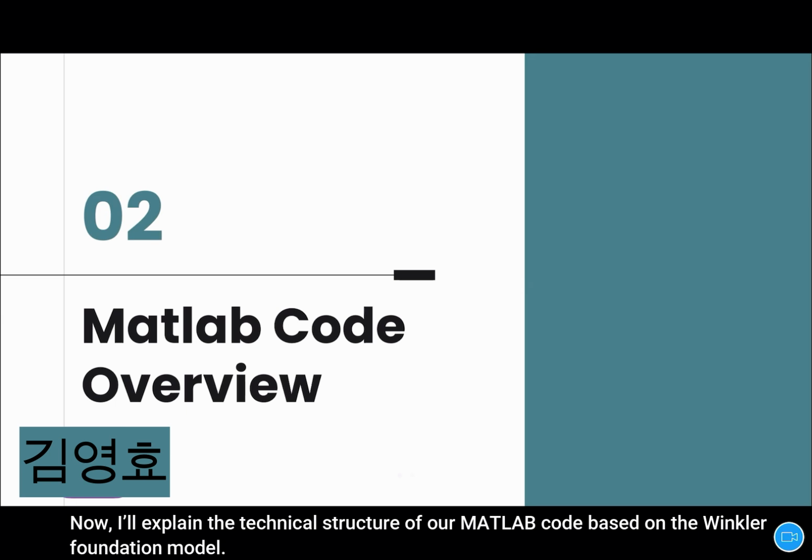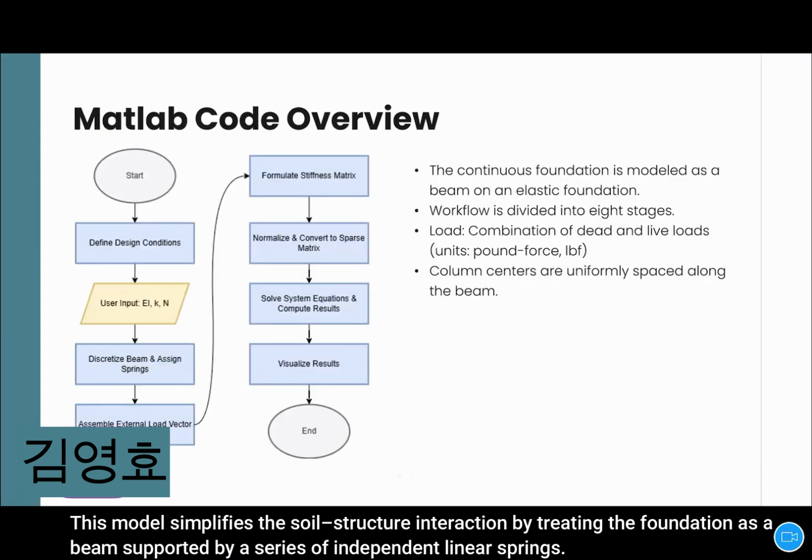Now I'll explain the technical structure of our MATLAB codes based on the Winkler Foundation model. This model simplifies the soil-structure interaction by treating the foundation as a beam, supported by a series of independent linear springs.